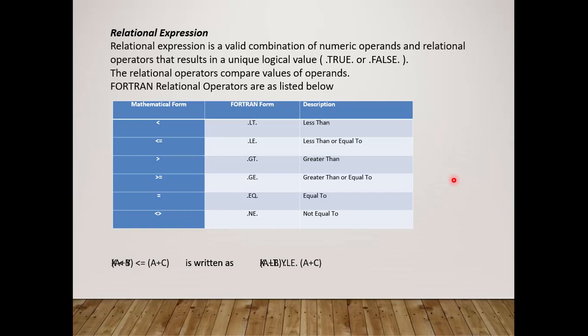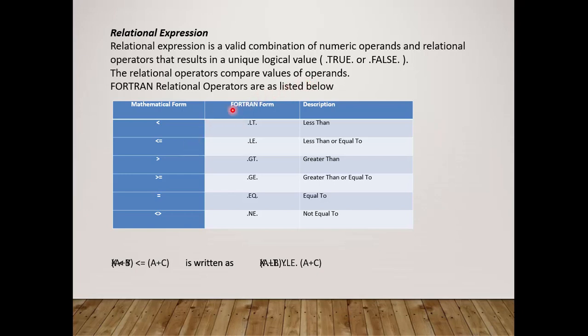Earlier we used arithmetic operators; now in a relational expression you have to use relational operators. This will result in a logical value, that is true or false, and the relational operator will compare the values of the operands.